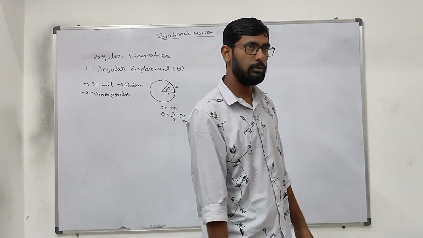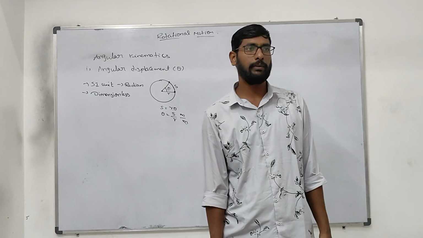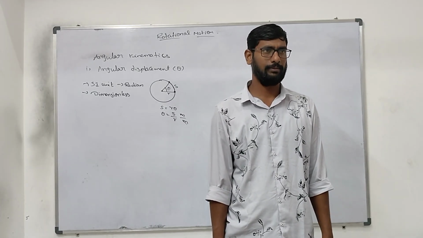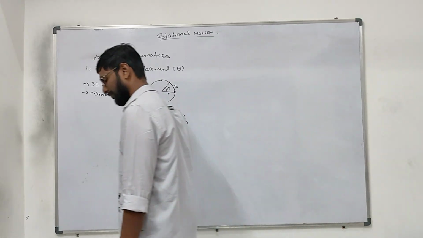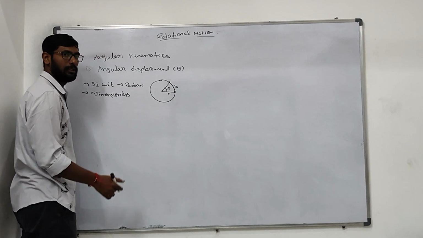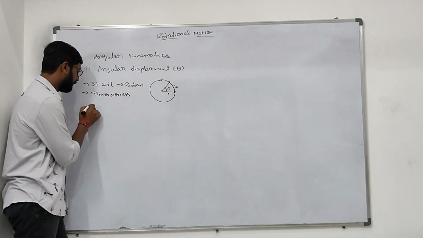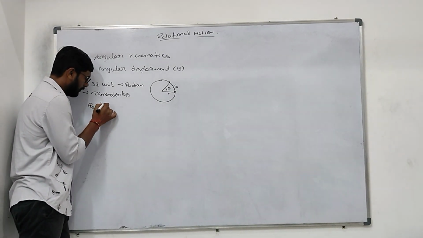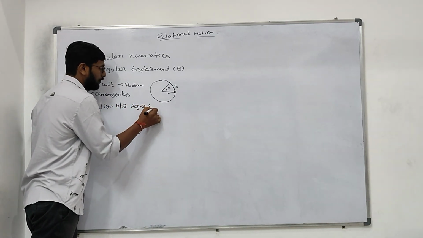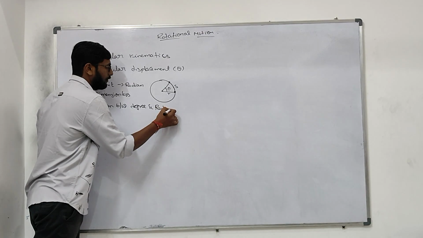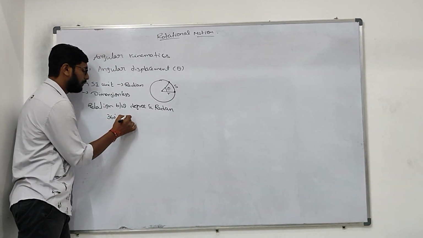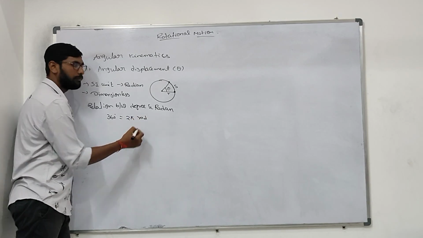Do you know the relation between degree and radian? Generally 360 degrees equals 2 pi radian.